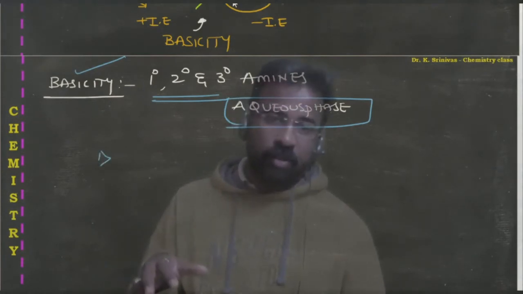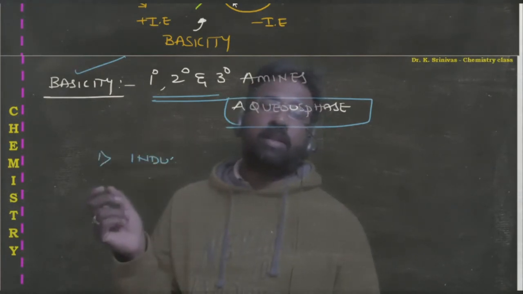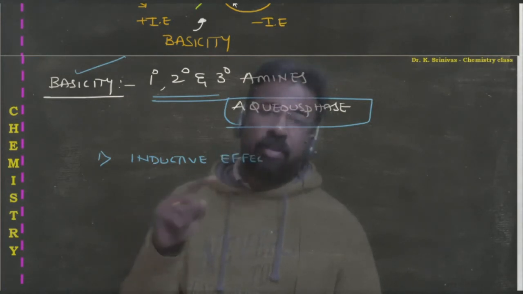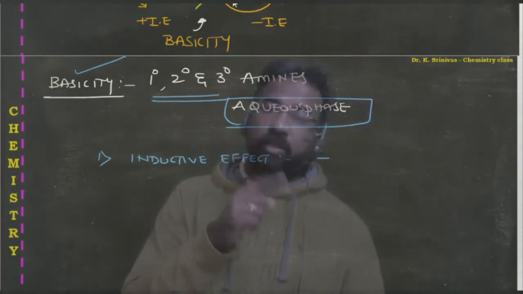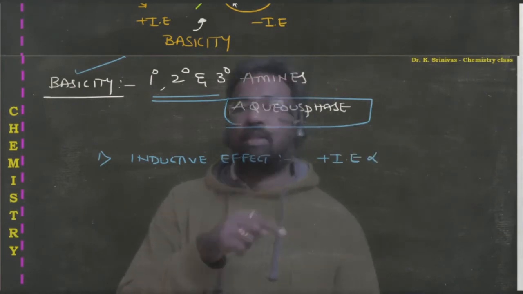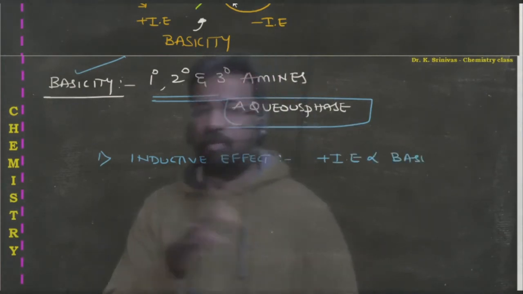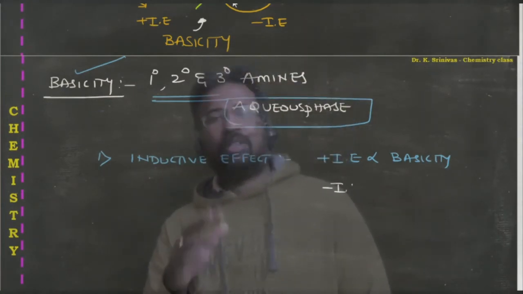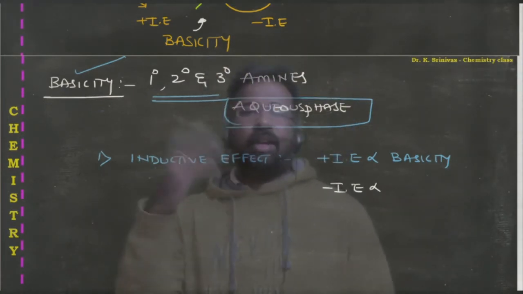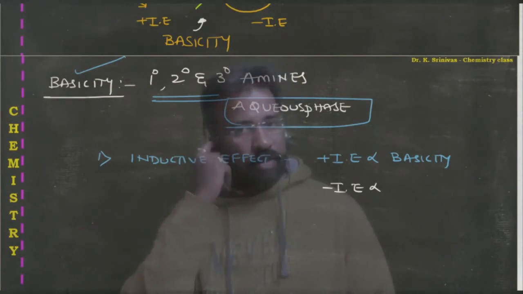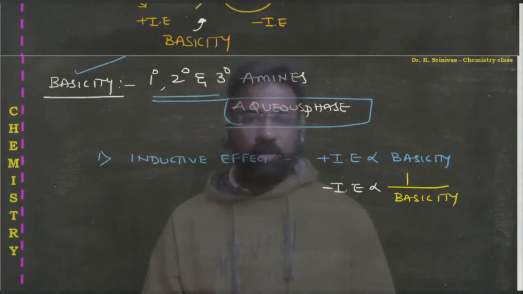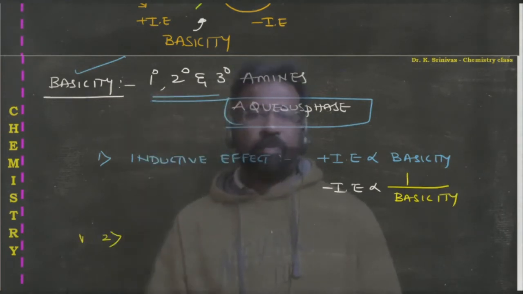The first one is the inductive effect, which is divided into plus inductive effect groups and minus inductive effect groups. It is the same as in the gaseous phase; there is no change. A plus inductive effect group is directly proportional to basicity, and a minus inductive effect group is inversely proportional to basicity. You are now familiar with that and have a clear picture.